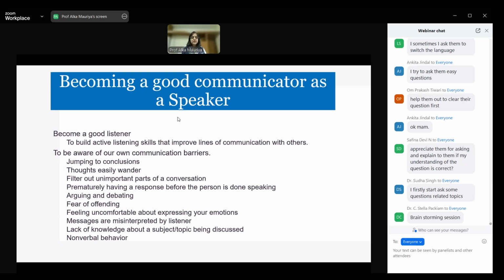So the students must utilize the classroom as a platform to hone their communication skills. In our classrooms, we have seen that maybe 5-10% of the students are very good communicators, but another 30-40% are good at communication but have a fear of public speaking. And then again 40-50% are not so good at communication.